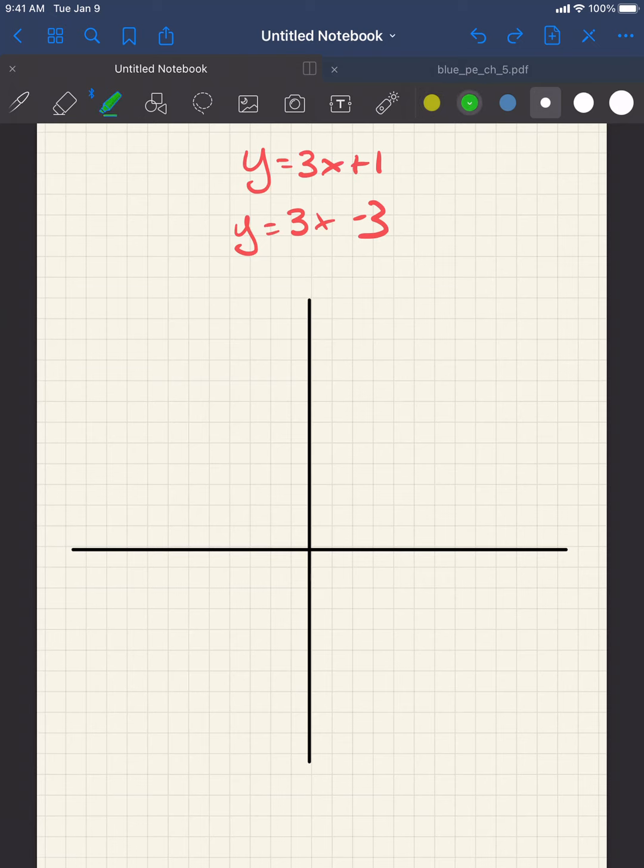What is the y-intercept? 1. So I'm going to put a dot at 1. Then I say, what is the slope? The slope is 3 over 1, which means I'm going to go up 3 over 1. Or I can go down 3, back 1. Okay, so there's my line.